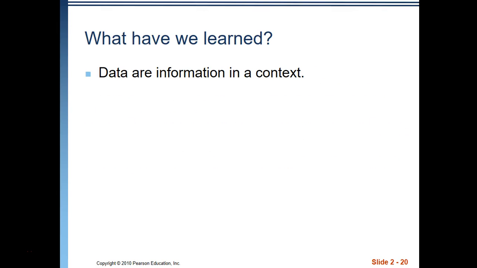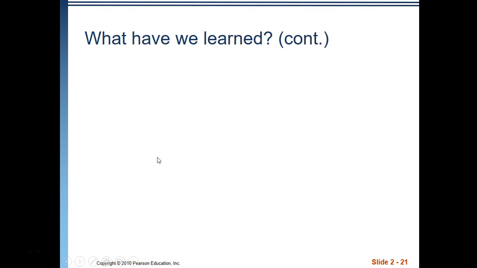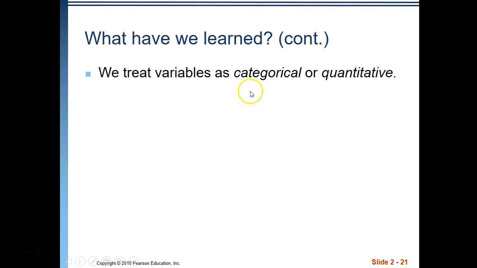So, what have we learned quickly in this video? Data are information in a context. The W's help with that context. We must know the who, as in the cases, the what, as in the variables, and the why, to be able to say anything useful about the data. We treat variables either as categorical or quantitative.